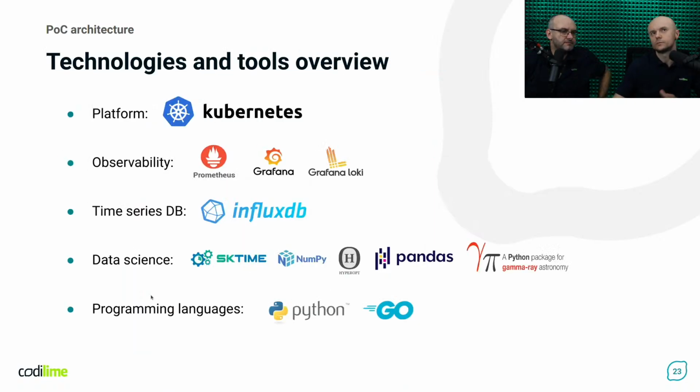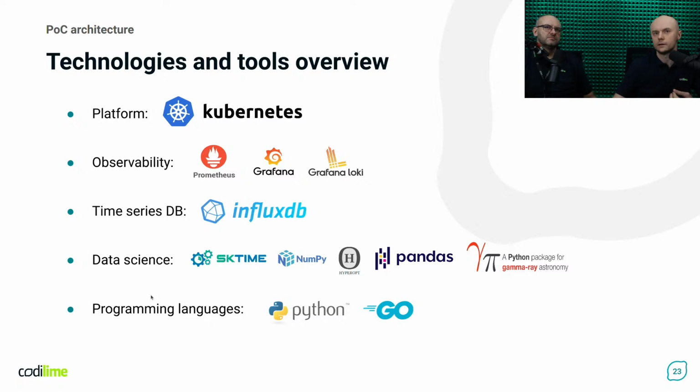A couple of words about the technology stack that we use to build our POC. So the platform is, of course, Kubernetes. For observability functions, we use Prometheus, Grafana, and Grafana Loki, which is quite a useful tool for collecting logs from the cluster. The database is InfluxDB, as we have already mentioned.